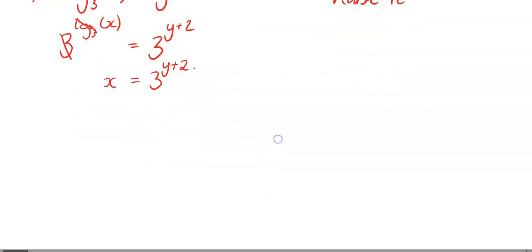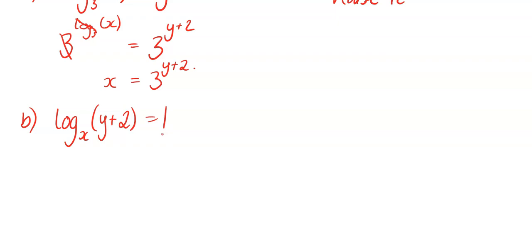The next one, B. Same thing, make x the subject. This one is log to base x of y plus 2 is equal to 1. Now, the x is in a really weird place here, but the only option I've got is to raise it. There's nothing else I can do.